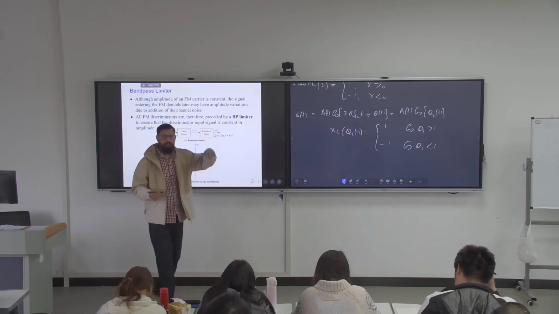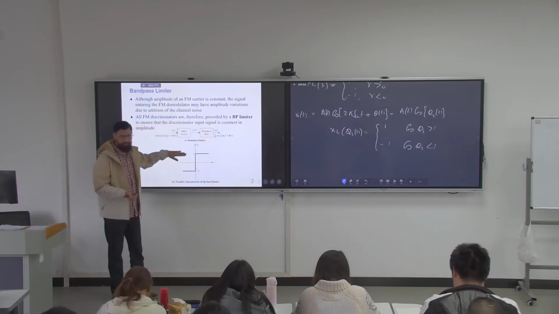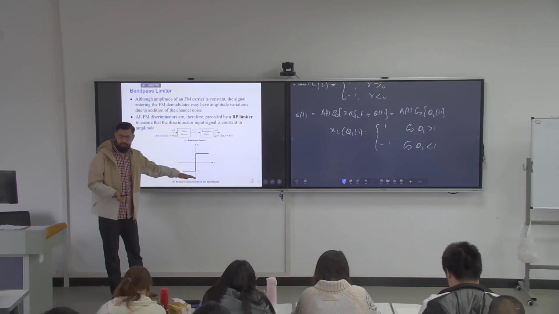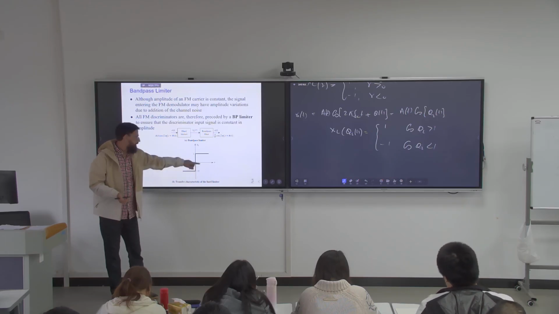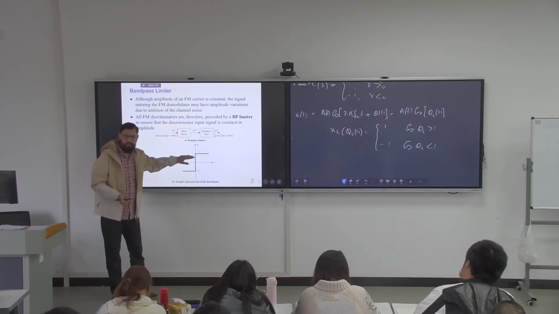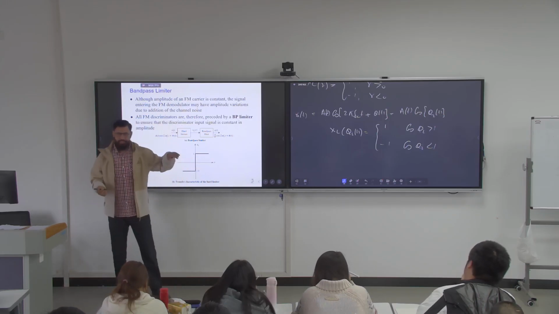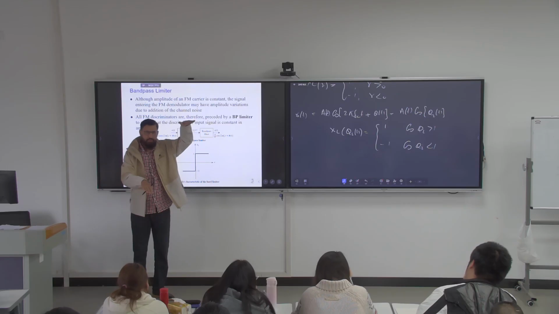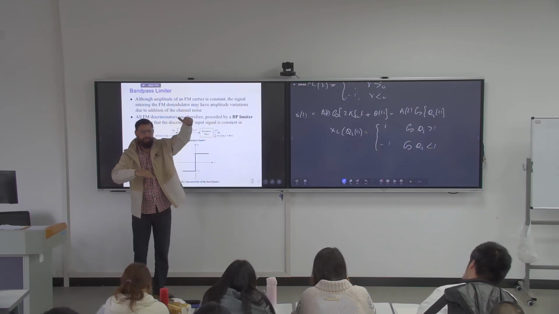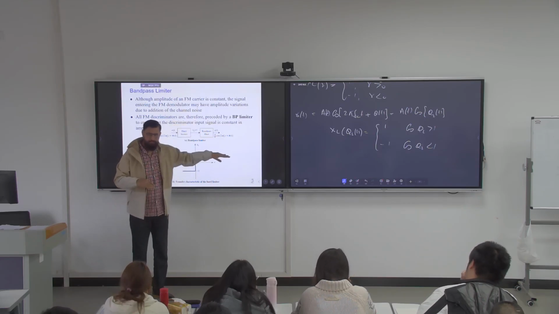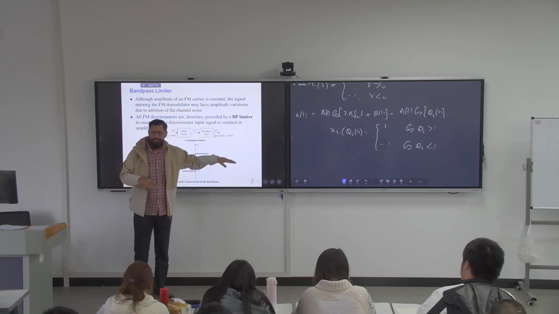The top and the bottom of the cos will be clipped. If a cos is clipped from up and down, what waveform do you get?